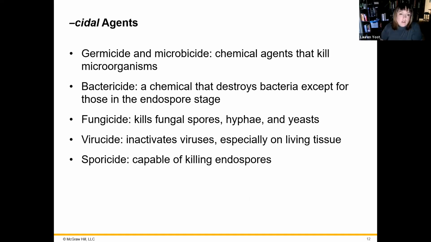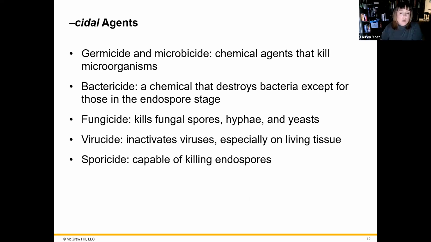Okay, we're talking about cidal versus static. All right, cidal agents. Anything that ends in side or cidal. Think of homicide. That's going to be killing, okay? Germicides and microbicides are things that kill microorganisms in general. Bactericides kill bacteria, usually not including the endospores, okay?